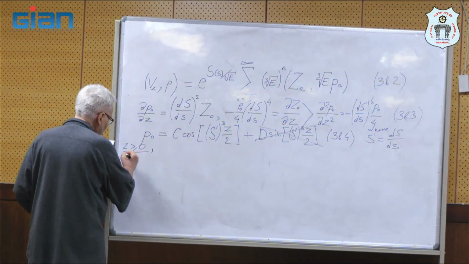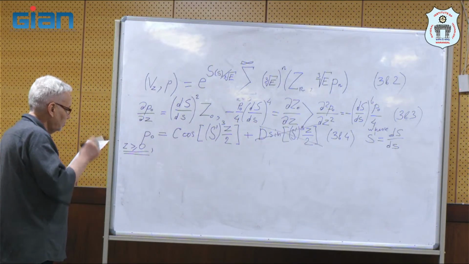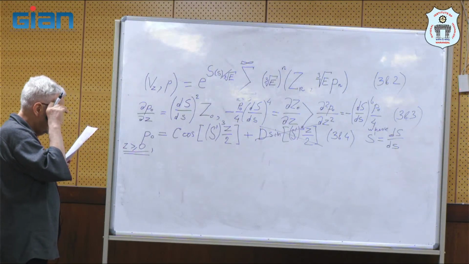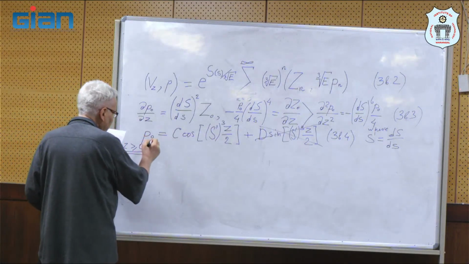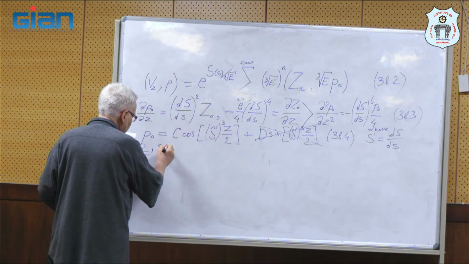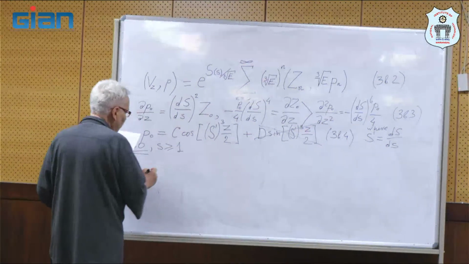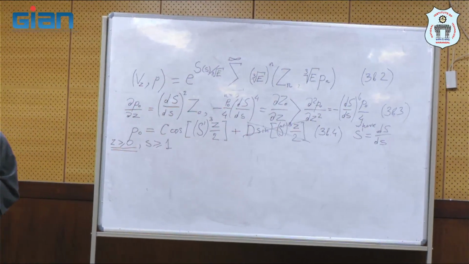But actually this condition is always what we are looking for. But another temporary condition, first we consider that S is greater or equal 1. So the outer part of this shear layer, which is on the way to the outer boundary.